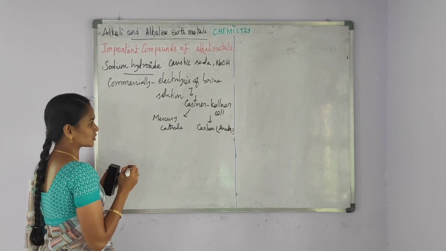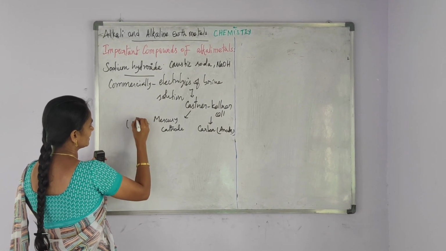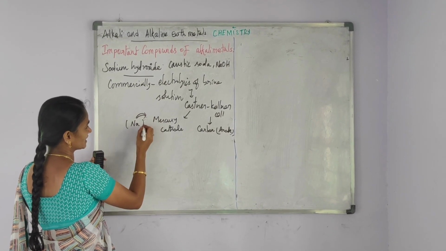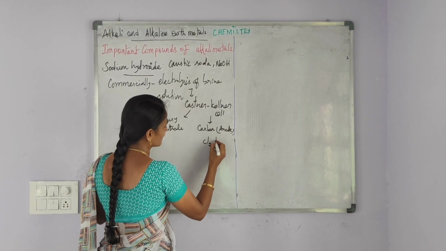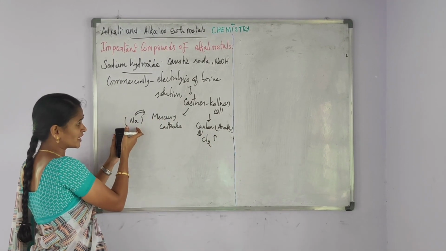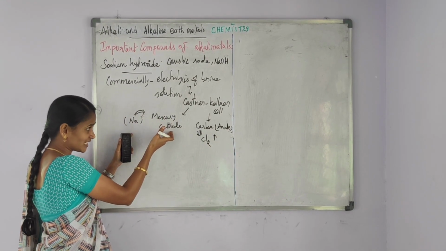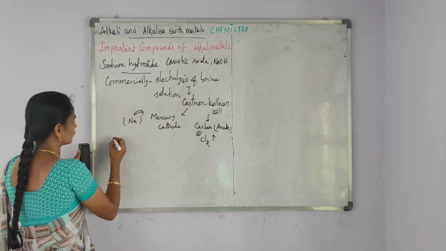Due to the electrolysis process, sodium metal is discharged at the cathode and chlorine gas is evolved at the anode. How are sodium metal discharged at the cathode and chlorine gas evolved at the anode?